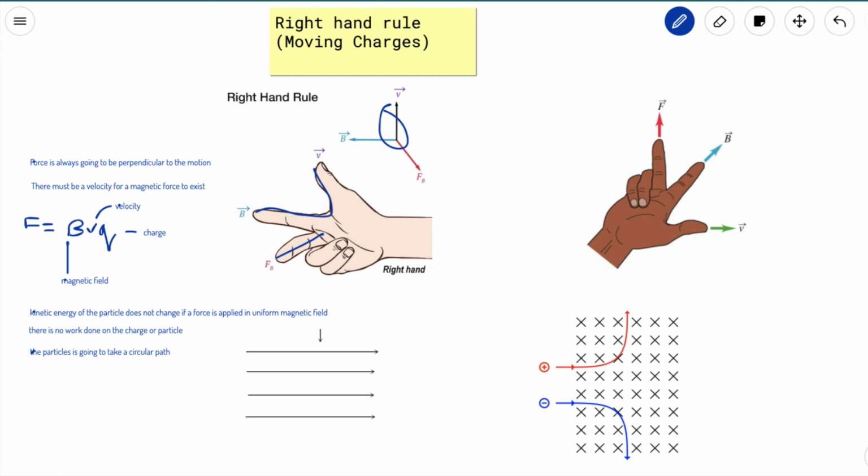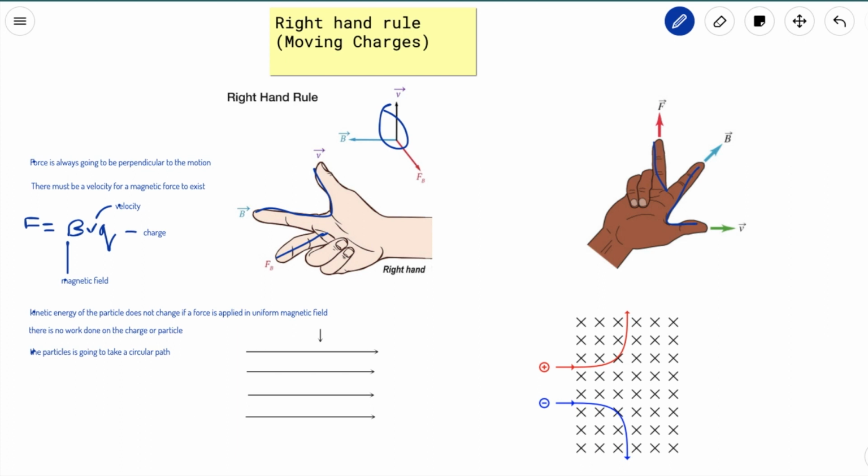Same as here, you see it makes a little L, and your middle finger is not going to go in the same direction as your index finger, it's going to go towards another side, so that it's all perpendicular to each other basically.